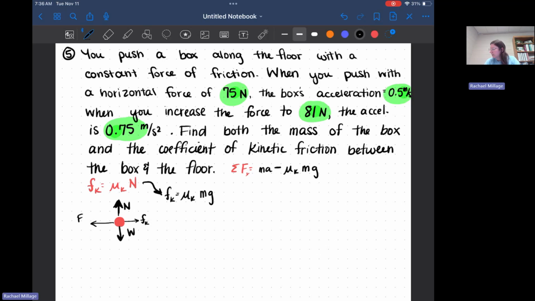I'm getting stuck on this one, and I don't think I should be. Let's see. We could also rearrange this to know that my mu sub k is going to be equal to my friction divided by my normal force, or I could rewrite this as my friction divided by mg.